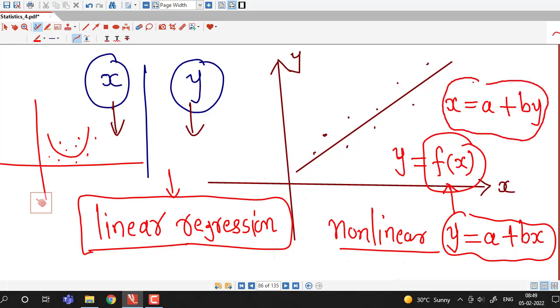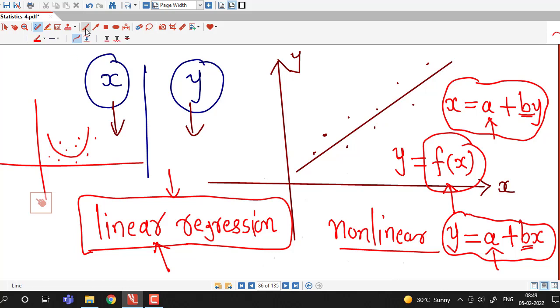So in our course we are having only linear regression. We will consider the straight line with slope b and intercept a, and our aim in this topic is to find the line which is the best fit for the given data.